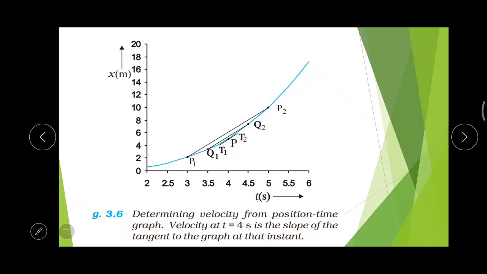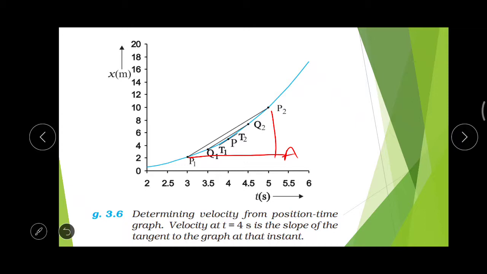Likewise, you draw a line from one of the points which is parallel to the x-axis, and from another point a line which is parallel to the y-axis, isn't it? So suppose you consider P1 and P2 and draw the lines like this, where P1A is the line parallel to the x-axis, and P2A is the line parallel to the y-axis.